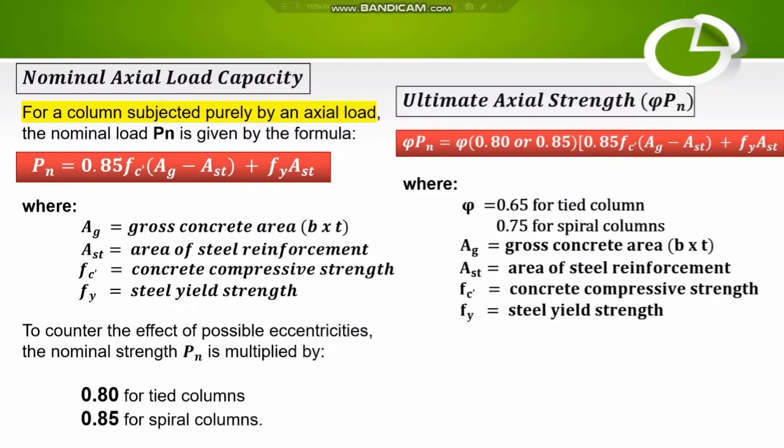Fc prime is the concrete compressive strength. Fy is equal to the steel yield strength.